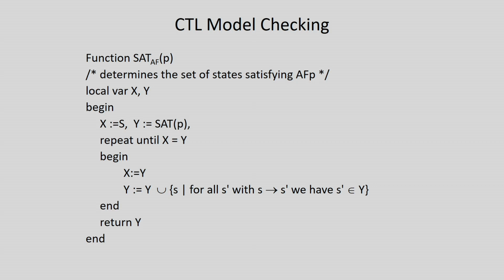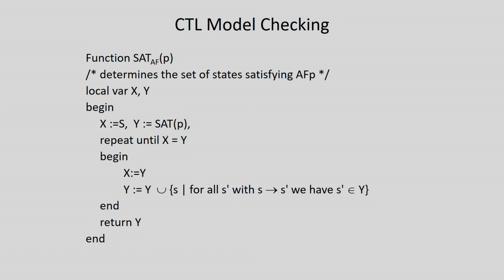We start by using 2 local variables, X and Y. X is initialized to the entire state space, and Y is initialized to the set of states where P is true.